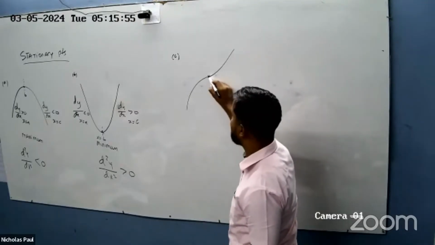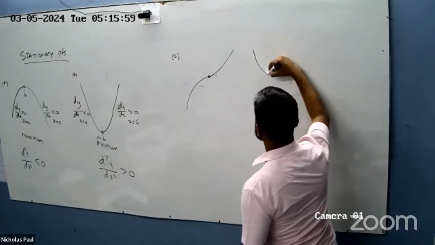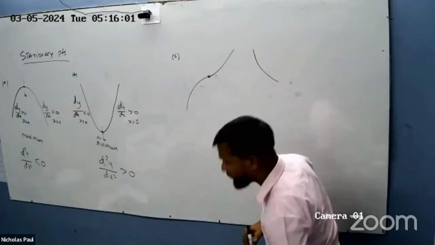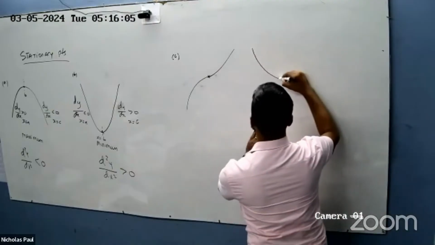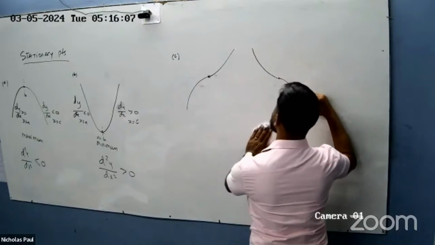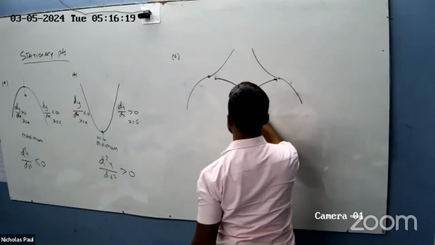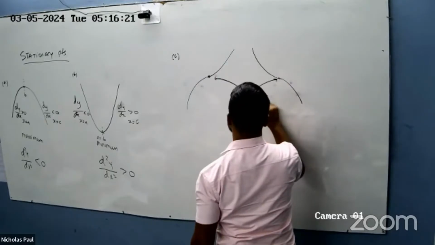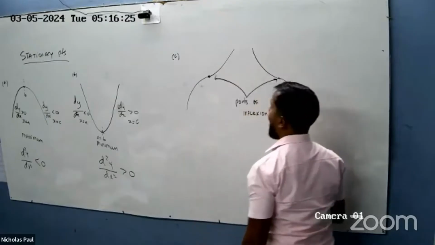This stationary point here, together with the other way around, it's decreasing and it continues to decrease. These two points here are called points of inflection.